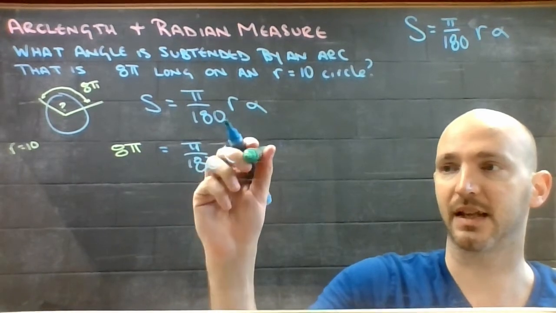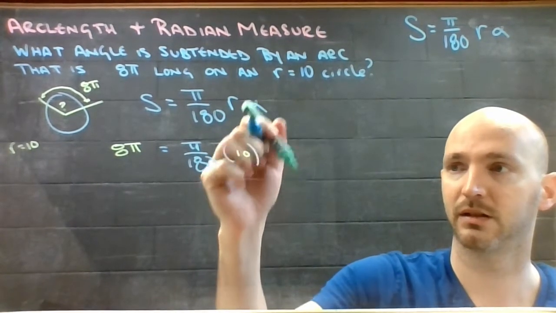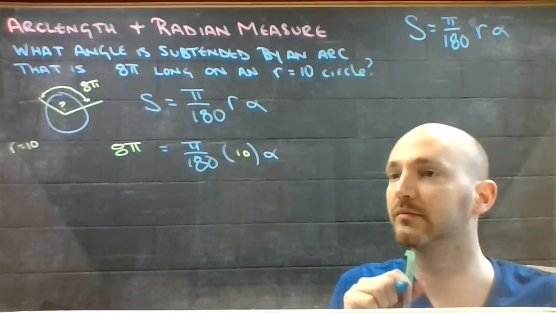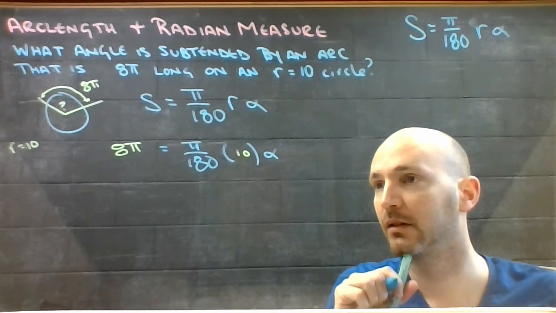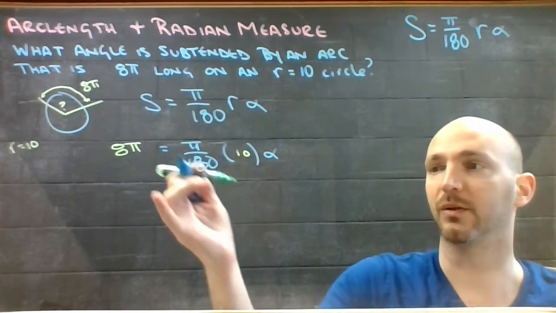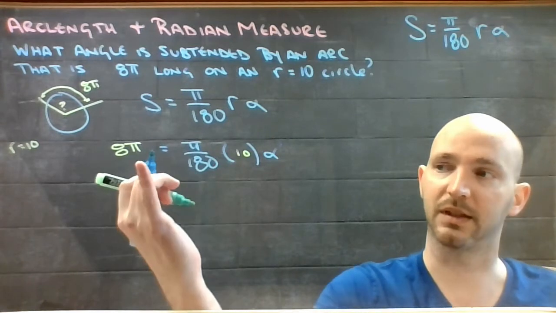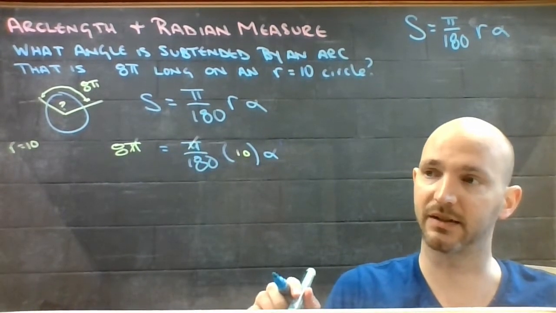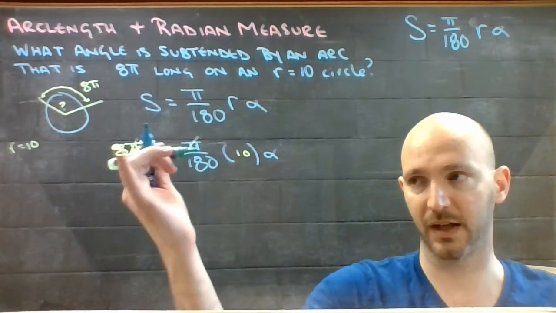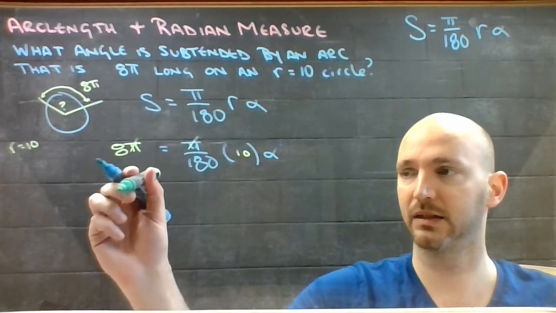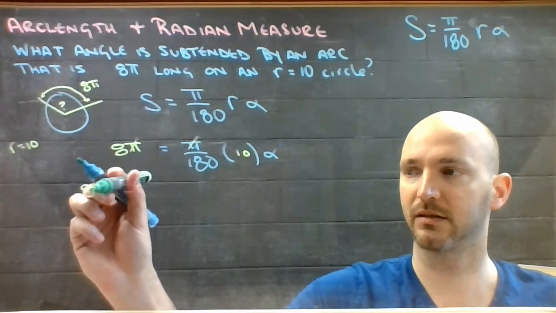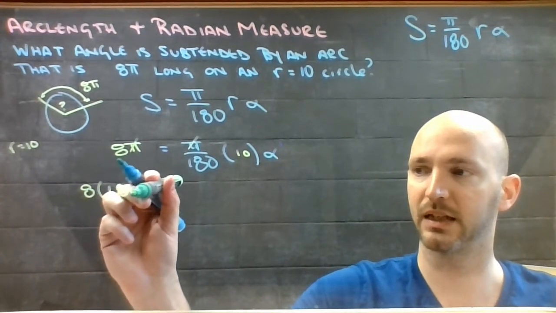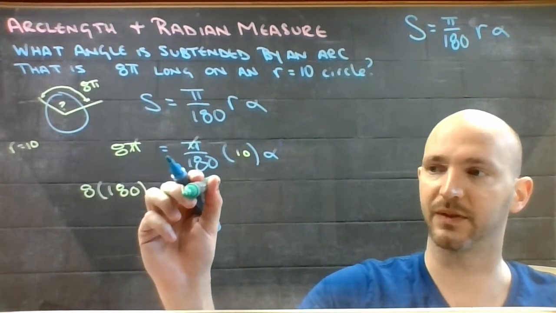The radius is 10, and alpha. Okay, so I'm going to note that there's a pi on both sides, so divide both sides by pi, and that is gone. I'm going to multiply this side by 180, so I end up with 8 times 180 equals 10 alphas.